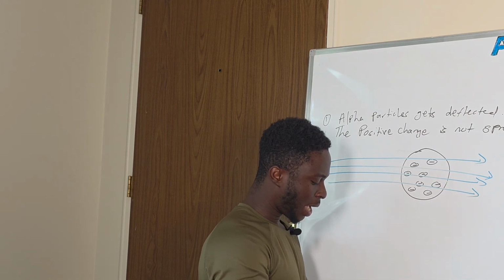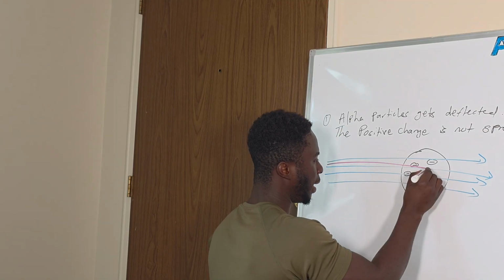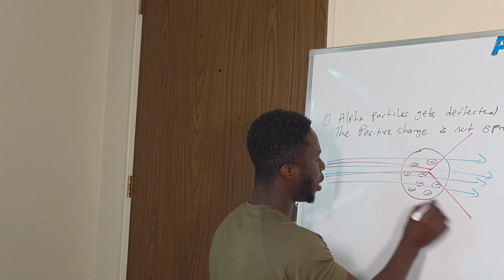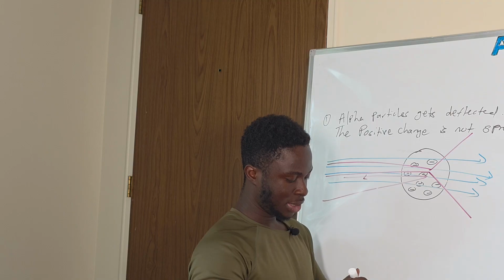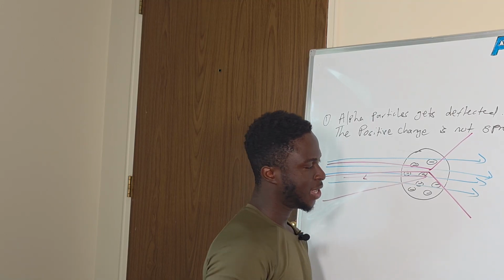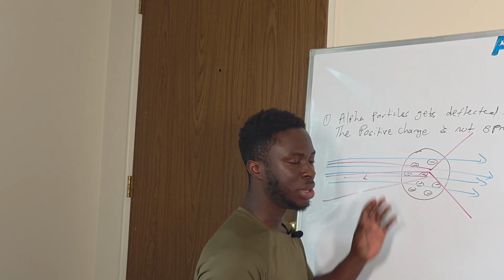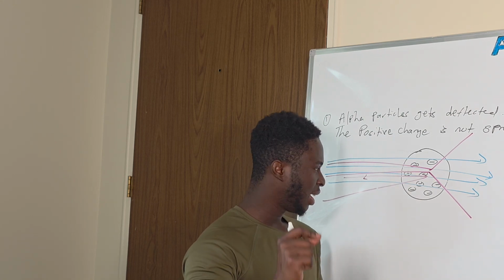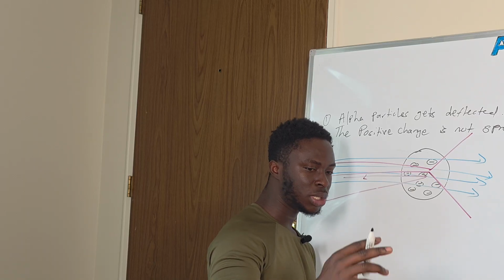But any time that they shoot an alpha particle, zoom, and then it goes somewhere, or they shoot it, zoom, it ended up somewhere, or they shoot it, zoom, and it bounces back to them, right? Rutherford said something. He was like, okay, I don't necessarily think that the atom is a sea or a dough of positive charge, but rather the positive charge is concentrated in the center.